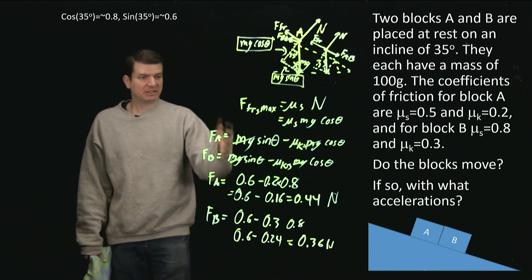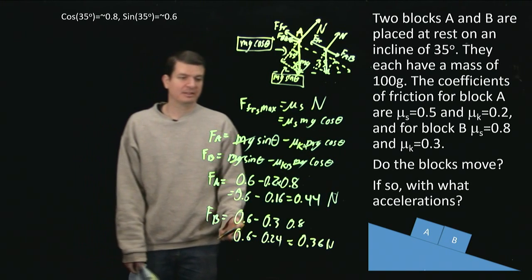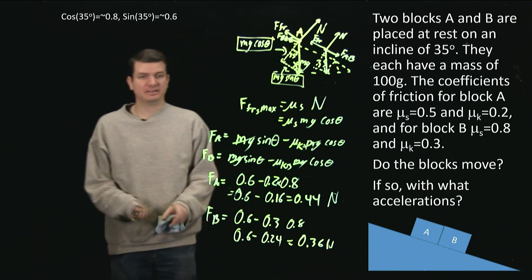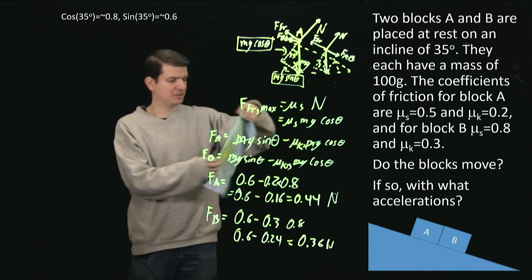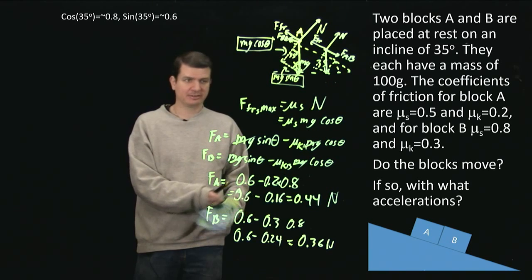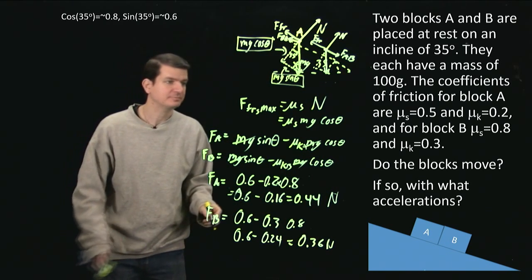So at this point, we now know they're going to slide, and they're going to slide together. So we need to know what the acceleration is. Now we do the last trick. If we know that two objects are moving together, then we treat them really as one big object.